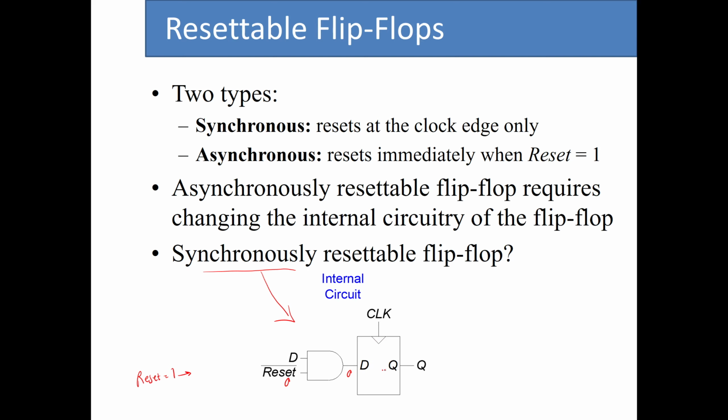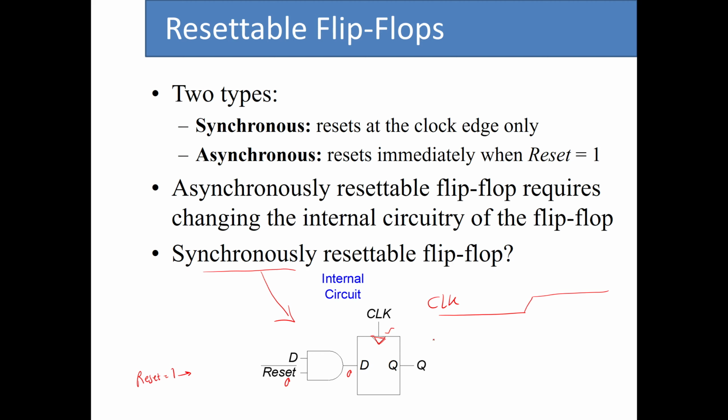But this change won't be reflected in the output Q of the flip-flop until we get to the rising edge of the clock. So as soon as we go from 0 to 1 on the clock, this change will be reflected. So let's say we have this clock to be something like this. This is the clock.